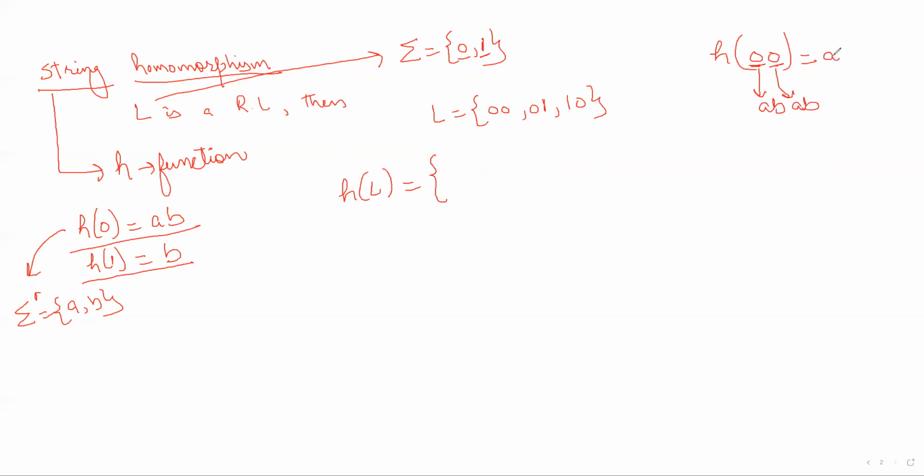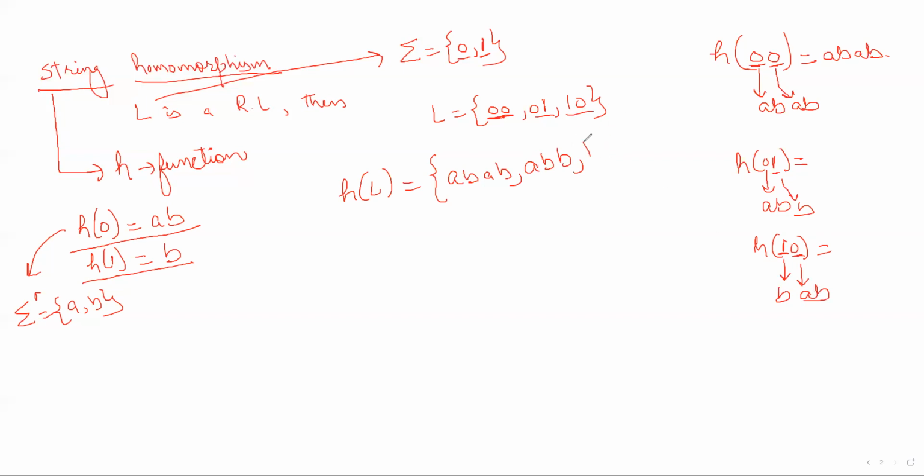So h of 00 will be ABAB, and in h of L we will have ABAB. Now we have 01. Because of 0 it will be AB, and because of 1 it will be B, so we have the string ABB. Now 10. Because of 1 we will have B, and because of 0 we will have AB. So h of 10 will be BAB.